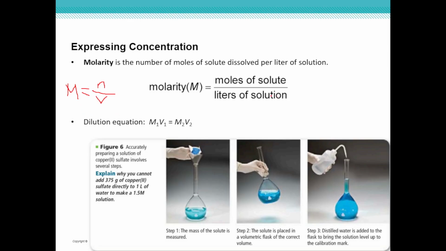To help me remember the units, I sometimes think about it like this: a capital M for molarity is equal to moles, I just explicitly write MOL, divided by capital L for liters. So rather than using the one over here, which is the actual format for the equality with the true variables, I use this other shortcut one, just to help me remember that I need to have liters in the bottom there.